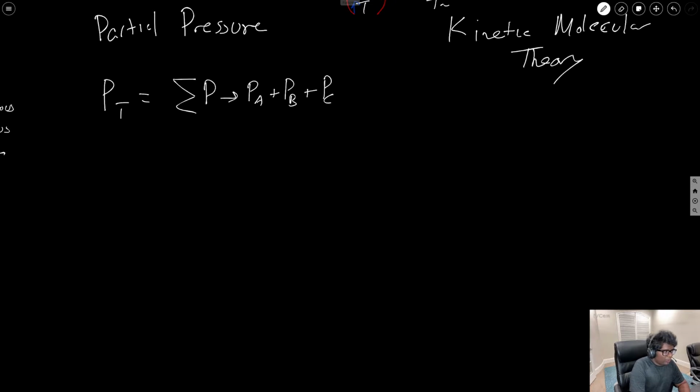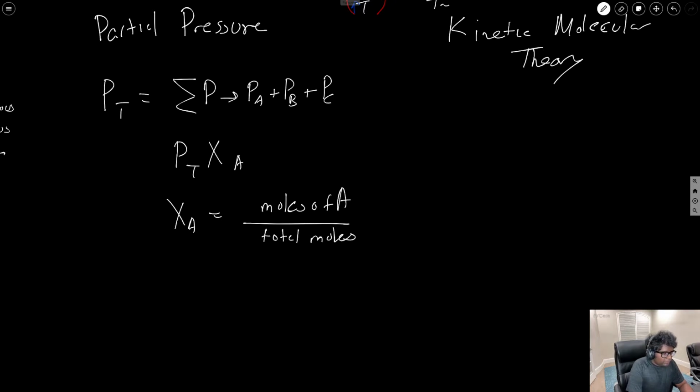So I think you need to think of it more like PA equals chi A times PT, where chi A is moles of gas A over total moles. Yeah, you were right, sorry. I'd say this is basically the more important equation.